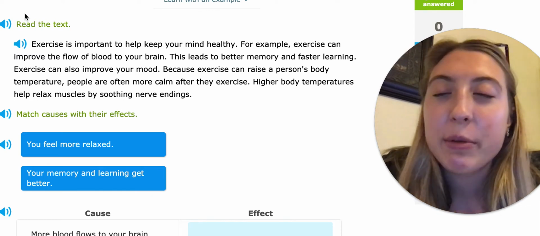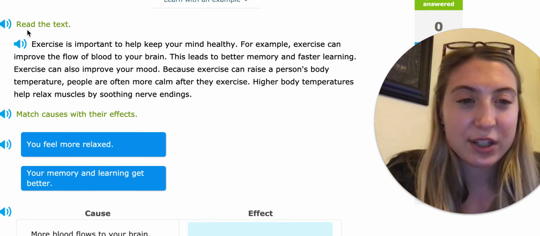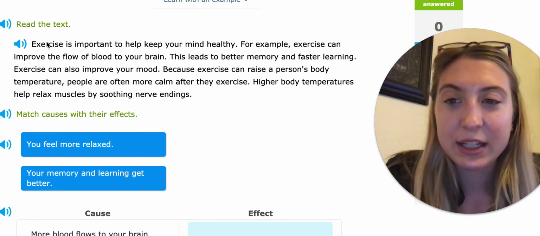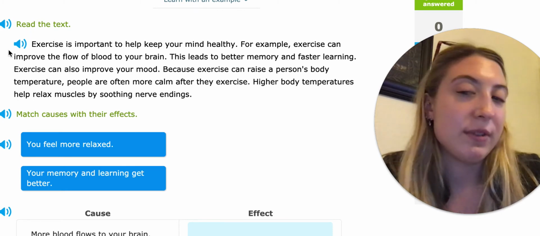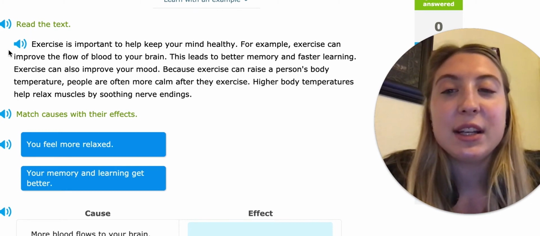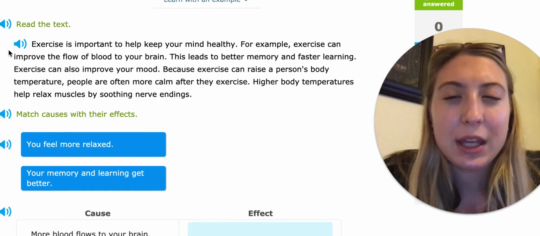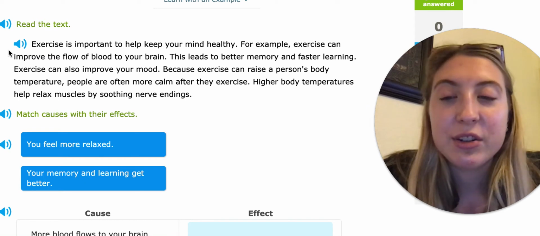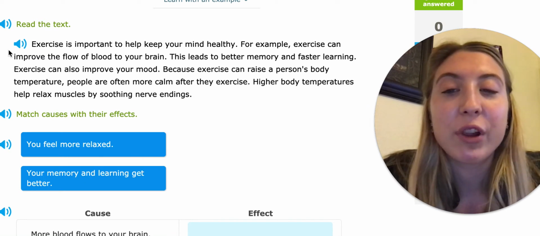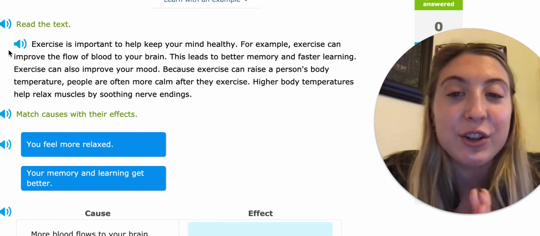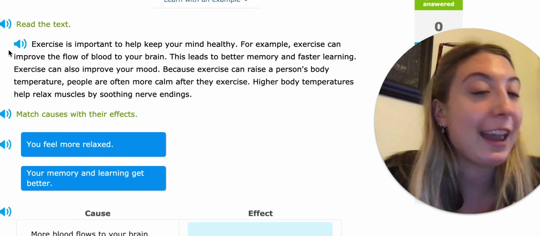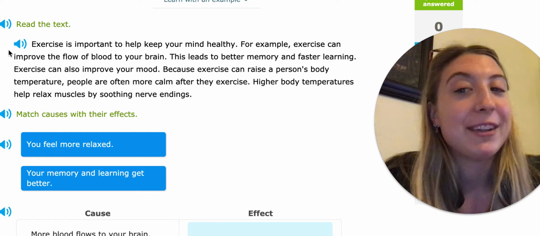So the first thing we want to do is find the instructions. Right up here, it says read the text. So now we're going to read. Exercise is important to help keep your mind healthy. For example, exercise can improve the flow of blood to your brain. This leads to better memory and faster learning.